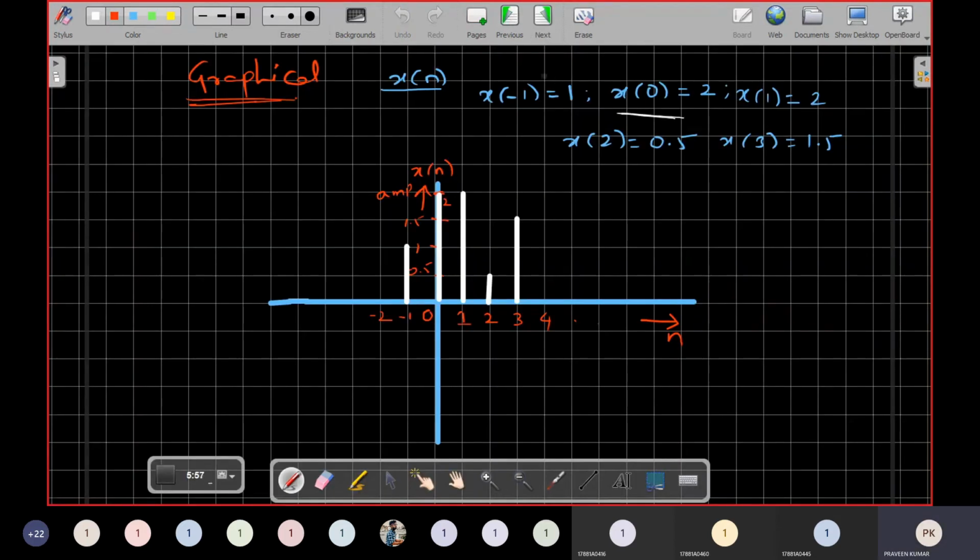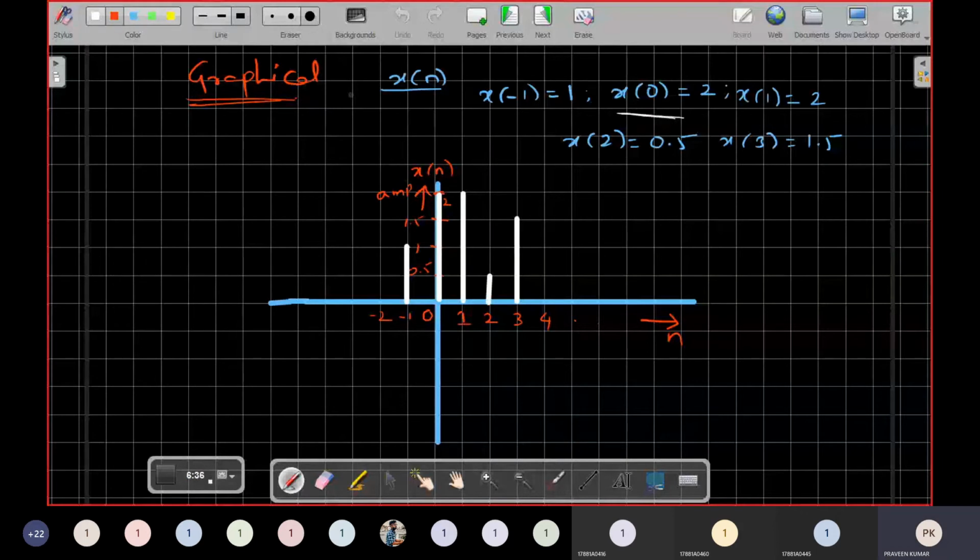Just see the amplitudes here. At n is equal to minus 1, amplitude is 1. At n is equal to 0, it is 2. At n is equal to 1, it is 2. At n is equal to 2, the amplitude is 0.5. At n is equal to 3, it is 1.5. When you are representing your signal in functional representation, first try to obtain whether there is any relation between the time variable n and the amplitudes.